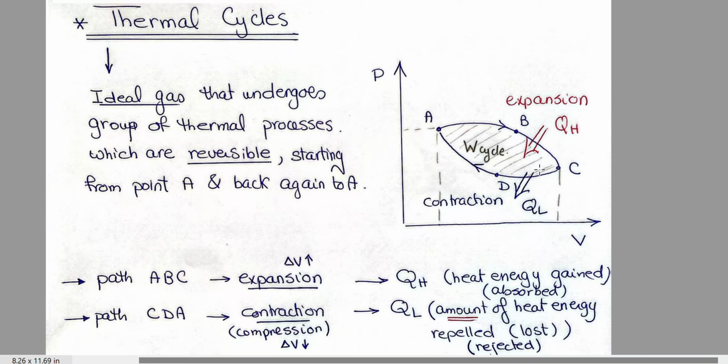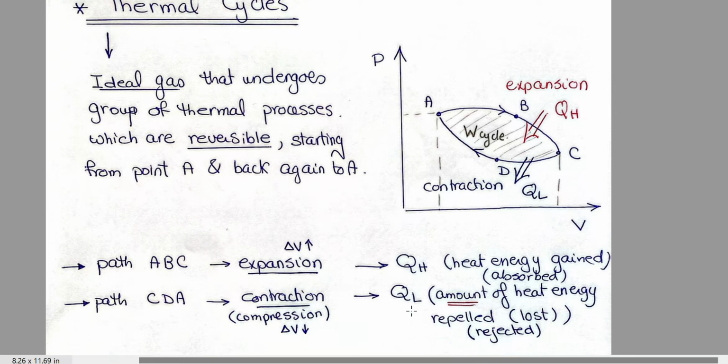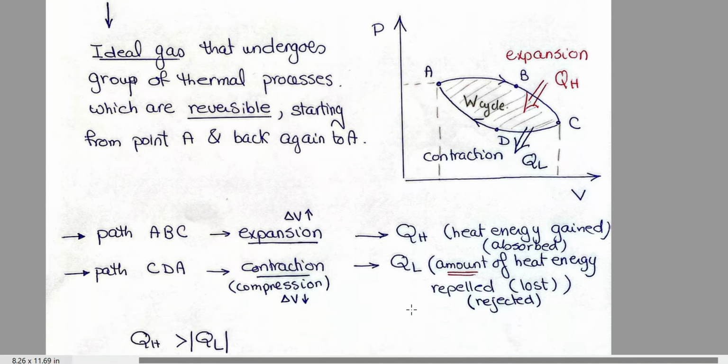So there is an amount of heat lost or rejected by the gas. This amount of heat will be denoted by QL. Note that QL has a negative sign, but now when dealing with QL, I mean the magnitude. So I will always take QL as the absolute value of the amount of heat rejected.